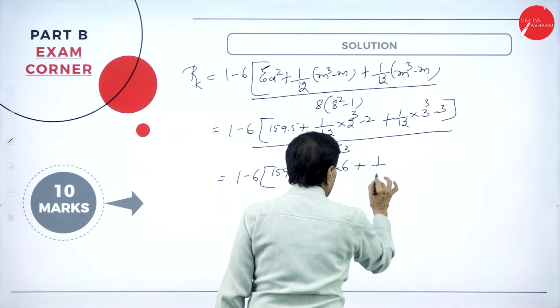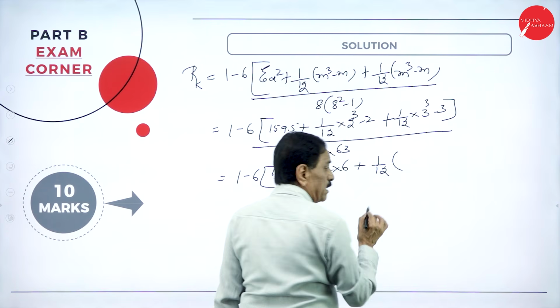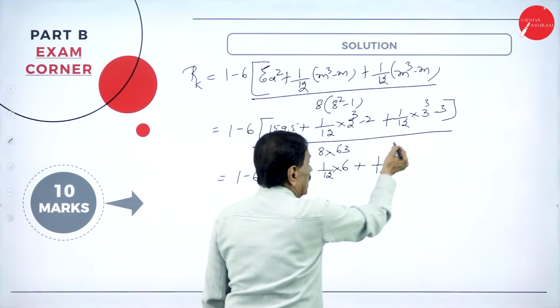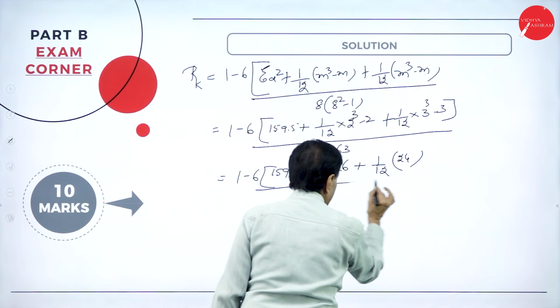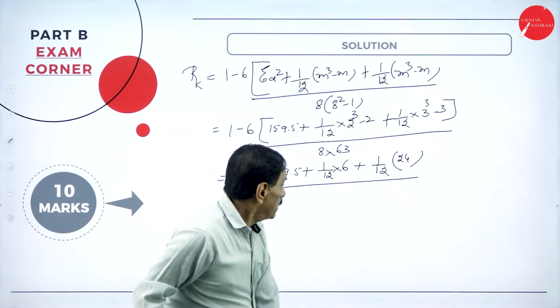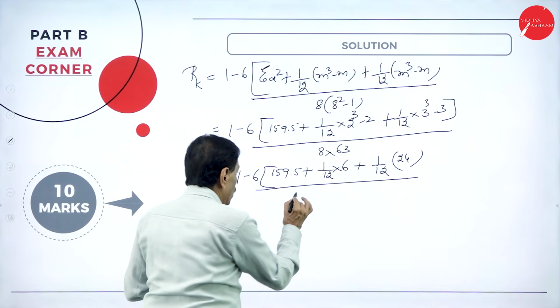This is 1 over 12 into 3 3s are 9, 9 3s are 27, minus 3 is 24. Whole divided by 8 into 63, 504.